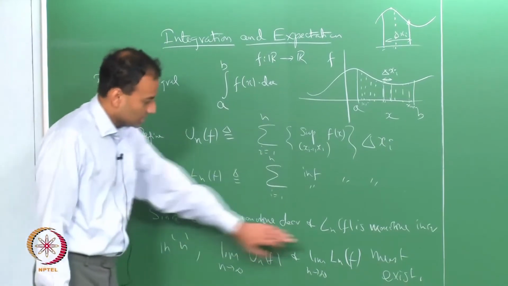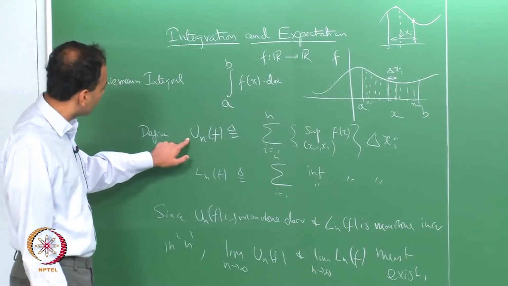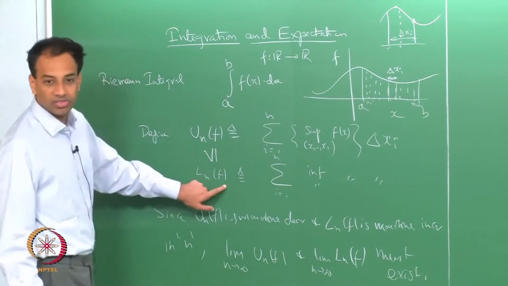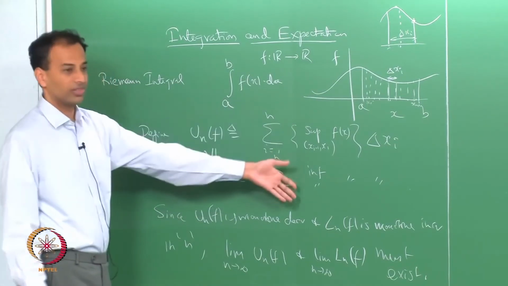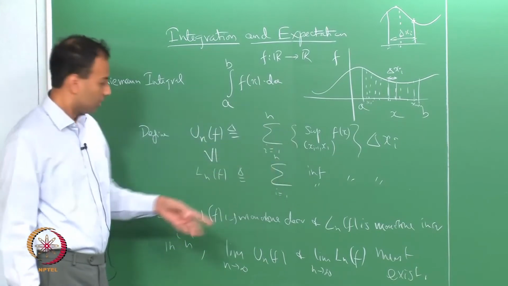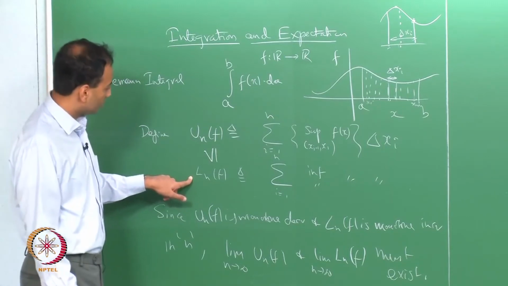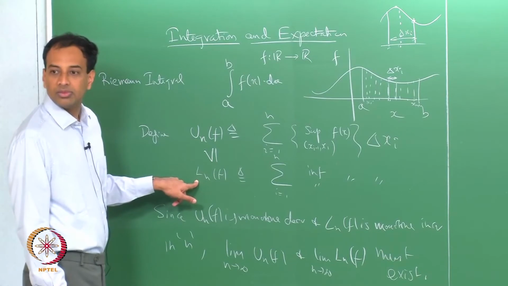So, this limit and this limit definitely exist, right, but it is also the case that for every n, U n of f is bigger than or equal to L n of f, for every n that is true. Why? By definition, right. So, this limit exists and this limit exists as n tends to infinity. So, the limit of this must be greater than or equal to the limit of that, correct.